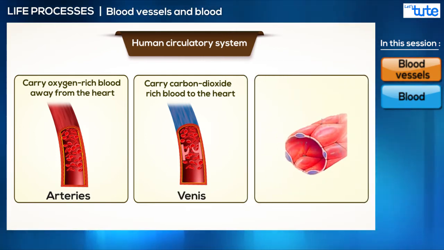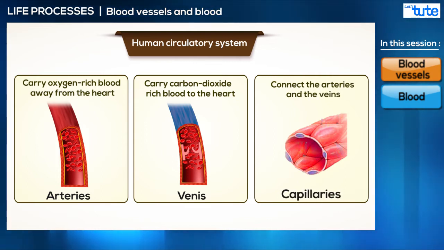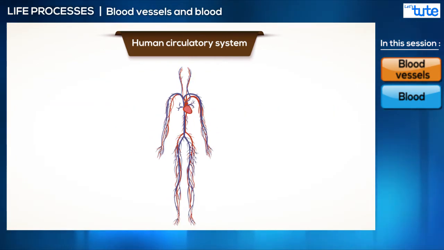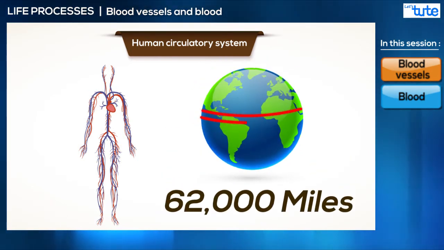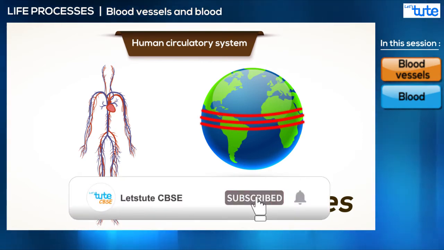The tiny blood vessels that connect the arteries and the veins are called capillaries. If we lay out the blood vessels in a line, they would stretch for nearly 62,000 miles. That's enough to circulate the earth almost 3 times. That's how vast the network is.